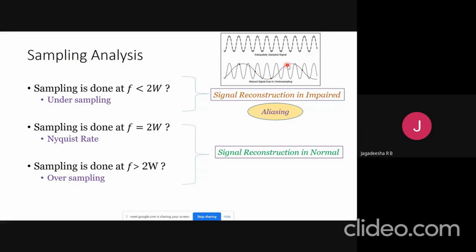Then if you try to reproduce a signal, what do we represent? We just represent this, right? The lowest frequency here. So this low frequency signal is representing all those higher frequency components. It is not representing what the original frequency components were. So there is a mismatch in the time as well as amplitude.